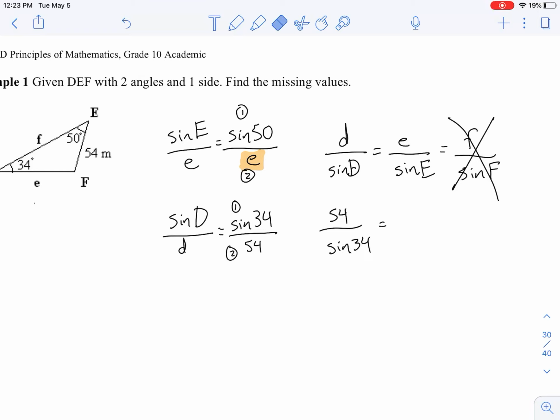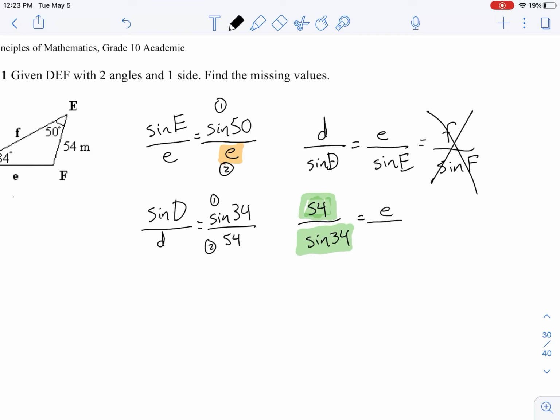And then my next one is E, my unknown, over sine E, which is sine of 50. So see here I have 3 of these pieces of the puzzle, and I'm missing this 1 piece of the puzzle. I'm missing E. And that's how we're going to use sine law all the time: we're going to have 1, 2, 3 pieces of the puzzle, and we're going to solve for our 4th piece of the puzzle.